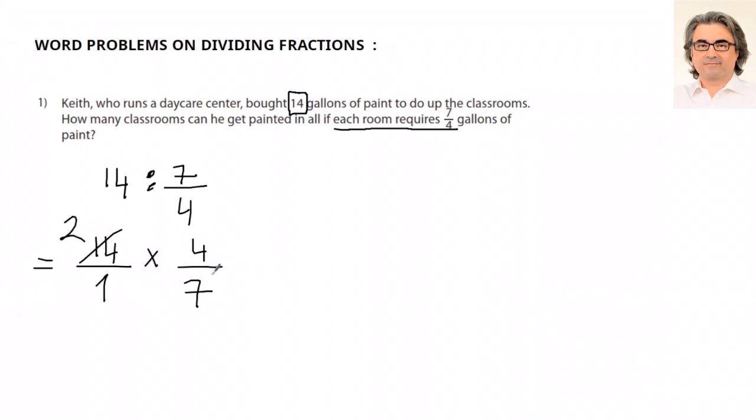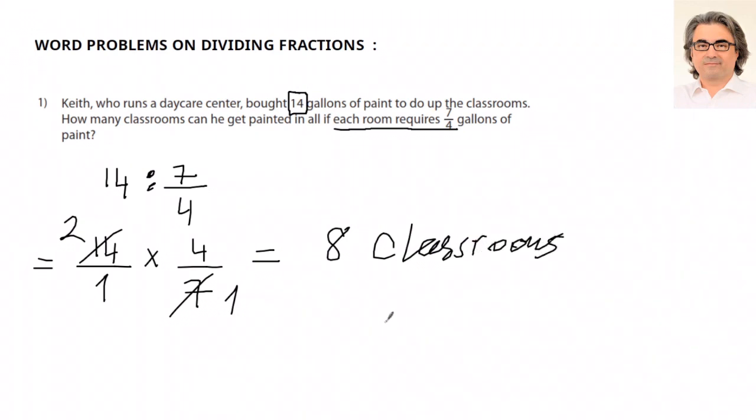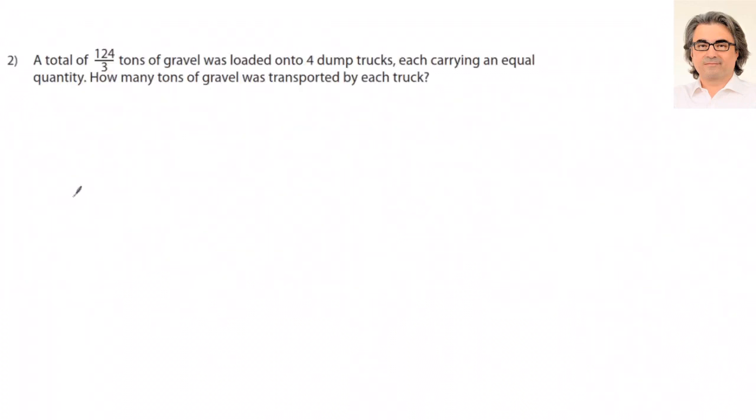If you divide 7 with 7, you will get 1. As the result, 2 times 4 is 8. And 1 times 1 is 1. 8 over 1 is 8. So I have 8 classrooms. Okay, we have 8 classrooms. Now let's continue with the next.